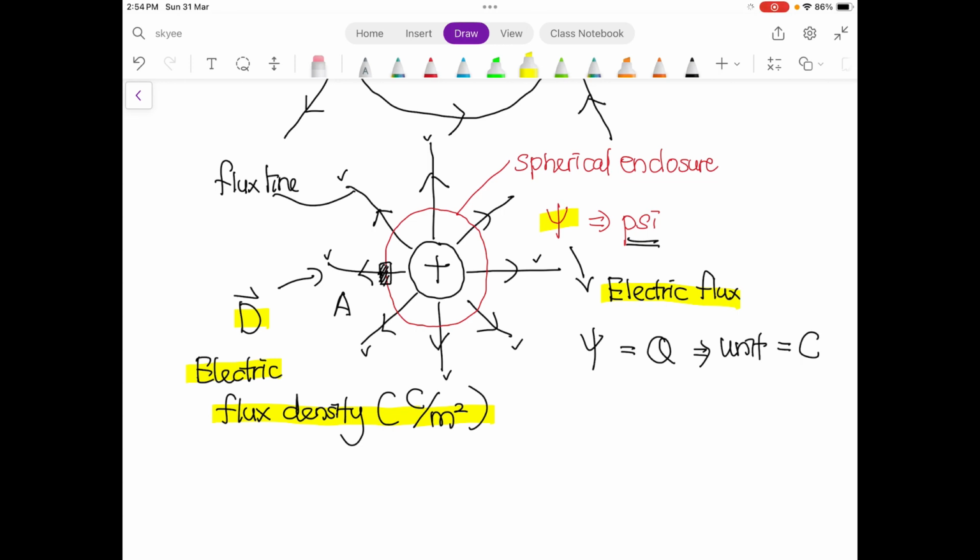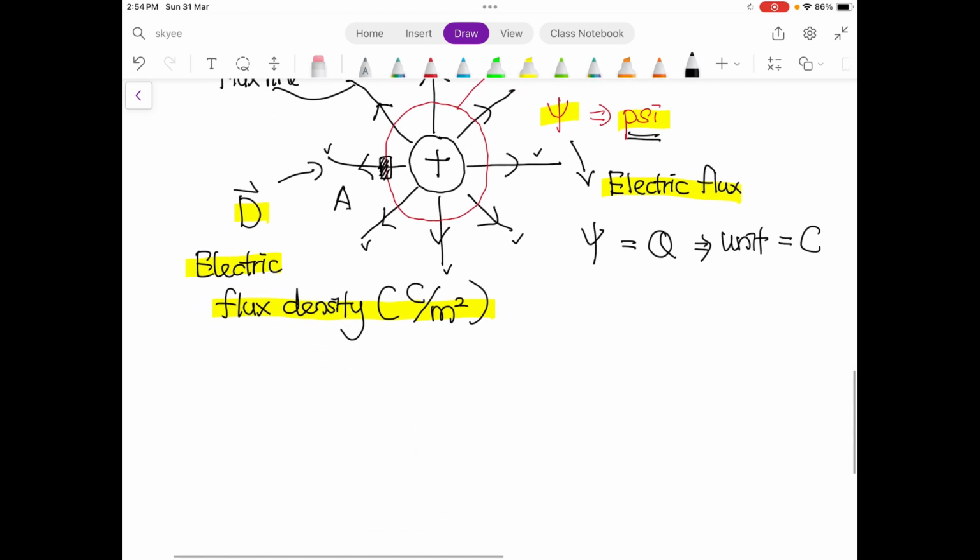So we go back to D and also Ψ. This also means that Ψ will be equal to D multiplied with the area that you have, because D tells you the density across a small section of surface.